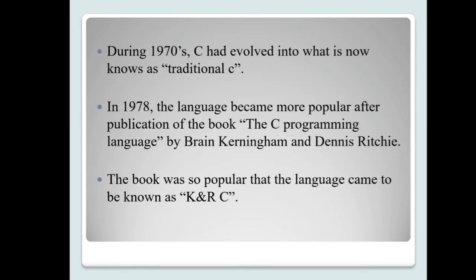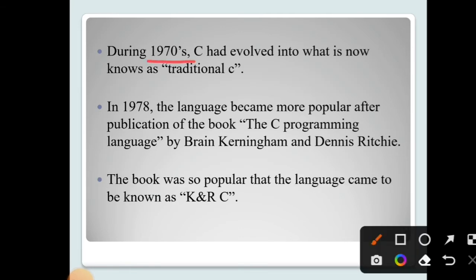Next, during the 1970s, C evolved into what is known as traditional C. In 1978, the language became more popular after the publishing of a book.